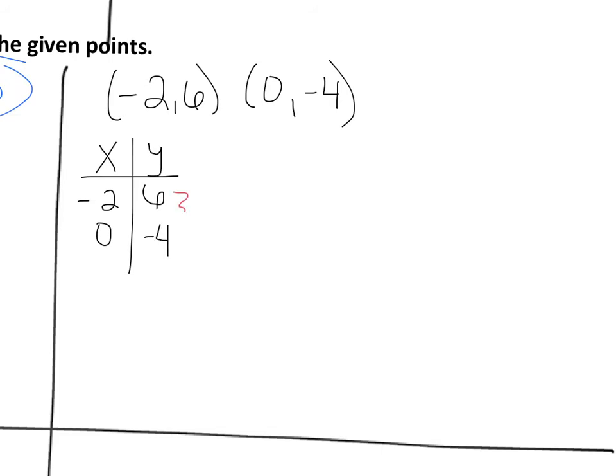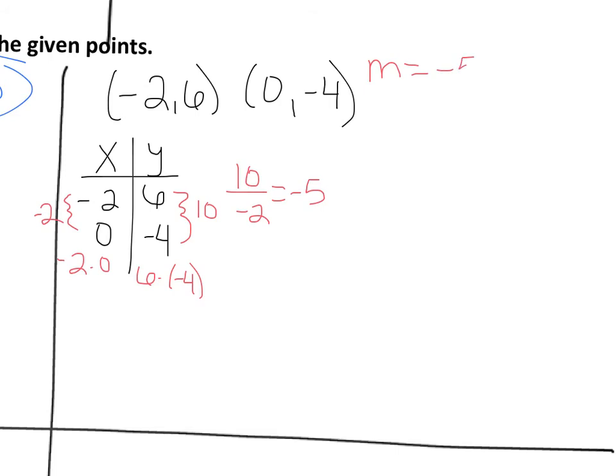Remember, slope is the change in y. 6 minus a negative 4 gives me 10, over the change in x. Negative 2 minus 0 gives me negative 2. Okay, we put the y over the x for a slope of negative 5.